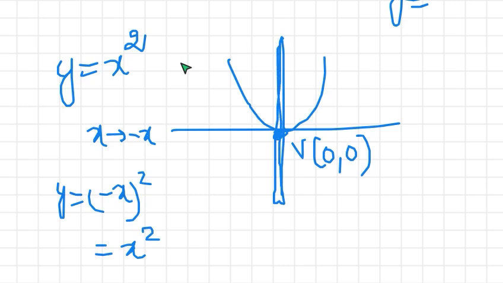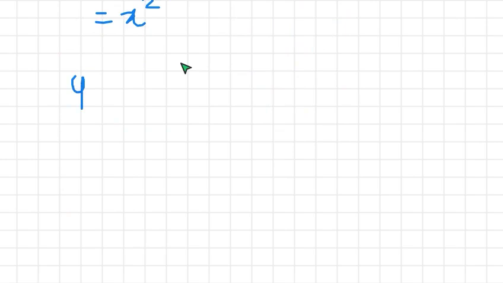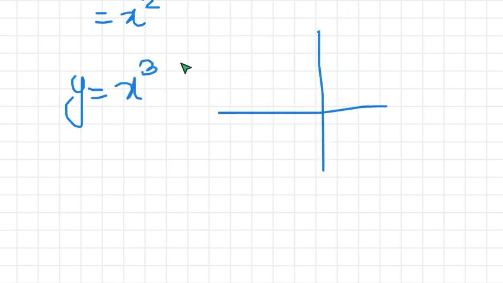Now let's talk about y equal to x cube. See, if x square was something like this, x cube will be something like this. Can you guess what this point is called? Point of intersection?